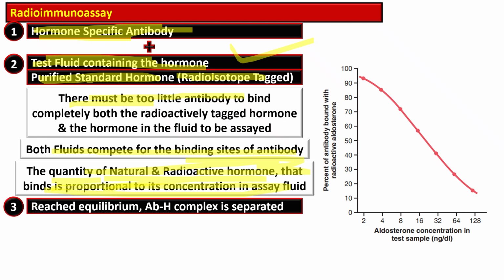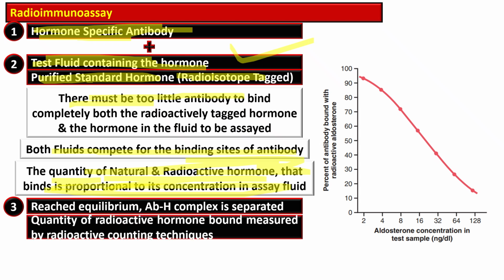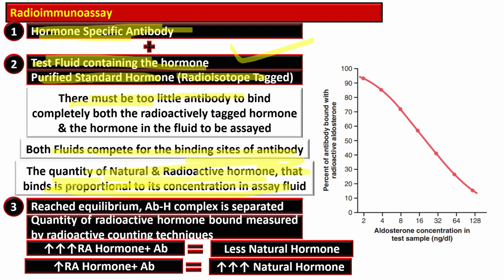Then the third step is separation and detection. After the equilibrium is reached, the antibody hormone complexes are physically separated from free hormone. The amount of radioactivity bound to the antibody is measured using a radiation counter, and it is interpreted as follows.